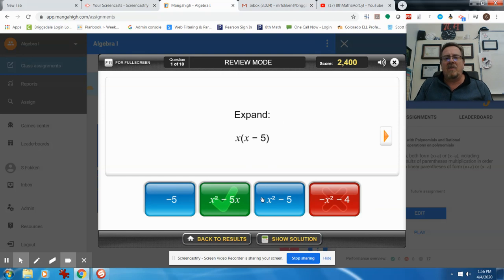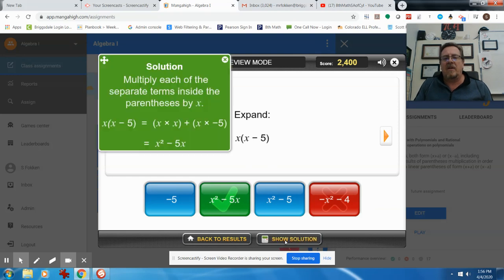And if you didn't know how to do it, you can always click on show solution, and it shows you step by step what you need to do to get the right answer. So the first stop, if you're having trouble doing these, is to use the review command and the show solution command to try and figure out the right way to do these problems. If you still have questions, you can post them to Google Classroom, and I will get back with you probably with a video to show you how they work.